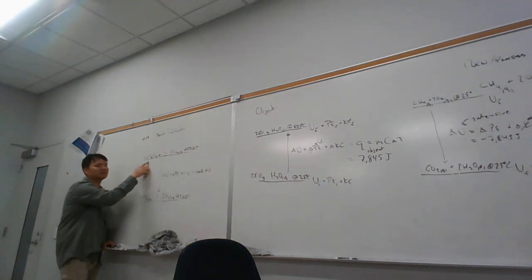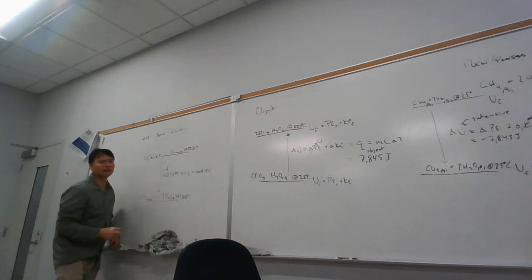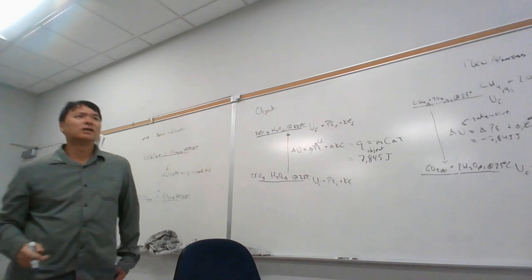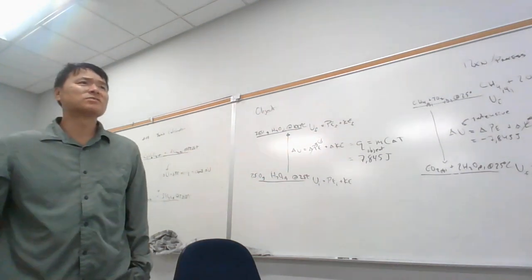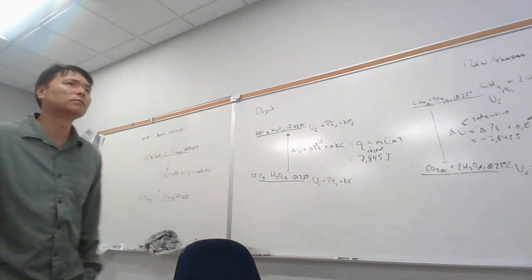My delta U here is given as its heat of combustion, minus 3.023 times 10 to the third kilojoules per mole.